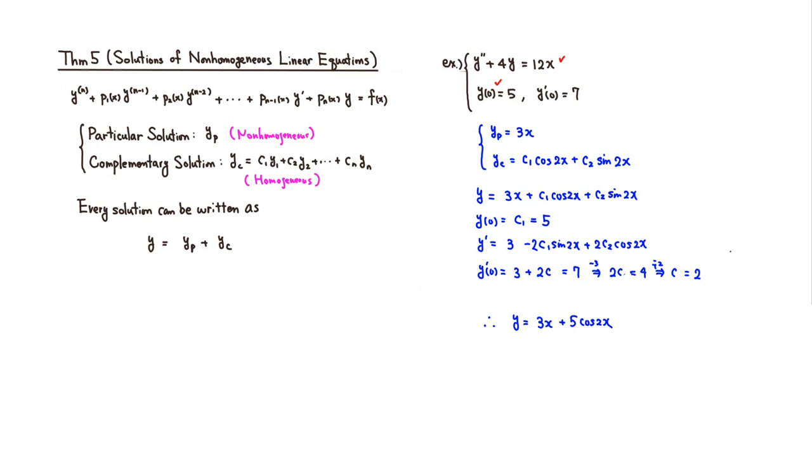So this is c2 there, and the c2 is 2, so it's going to be 2 sine of 2x. So this is the solution of the initial value problem given here. That's it. I hope that this was clear.